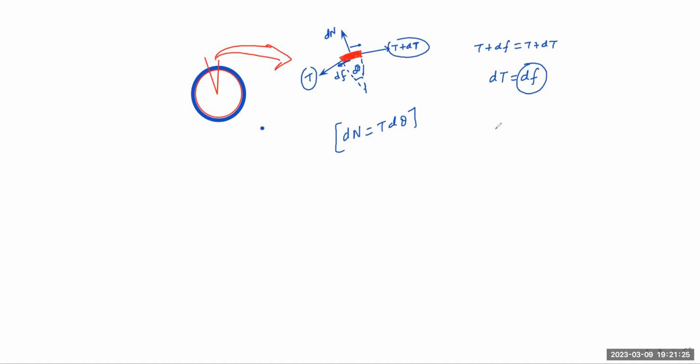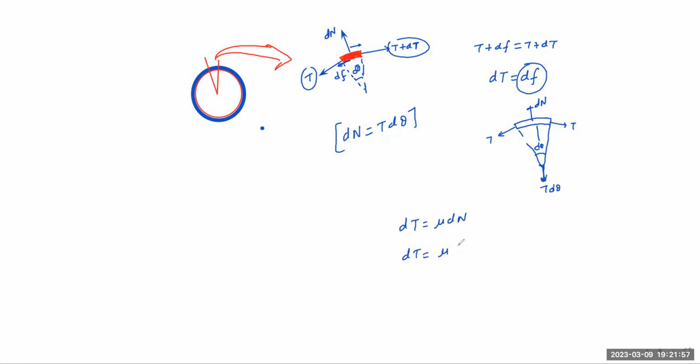If you have studied waves and sound, for any arc, this is T. The net inward force is T d theta, right? This is for small angles. So therefore, dF is mu dN, and dT is mu T d theta.